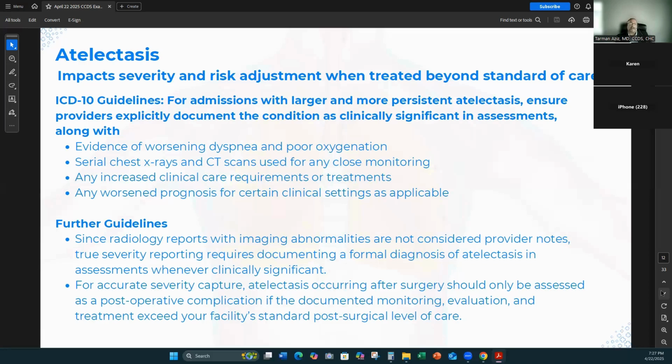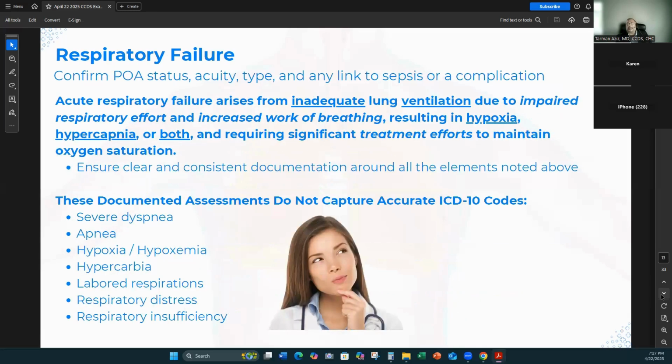And if the clinical care requirements do extend to something more invasive, like a stent in the bronchus, for example, one of the branches, then you know you're dealing with clinically significant atelectasis. If the prognosis is worse because of poor ventilation, for example, that also can help us. So really important not to rely on radiological findings and instead look for those providers to be putting in a more valiant effort than that.